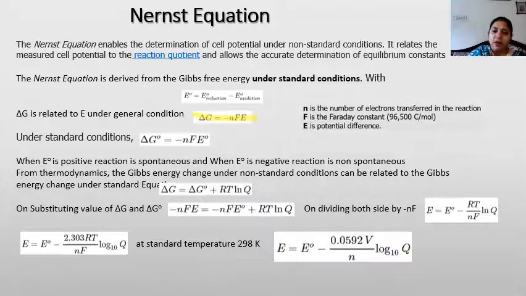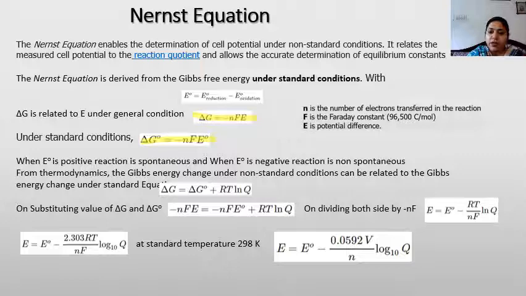Under standard condition, the same equation becomes delta G naught is equal to minus nF E naught. Delta G naught is the standard Gibbs free energy and E naught is the standard electrode potential. When E naught is positive, the reaction is spontaneous, and when E naught is negative, the reaction is non-spontaneous. This is from the general thermodynamic rule.